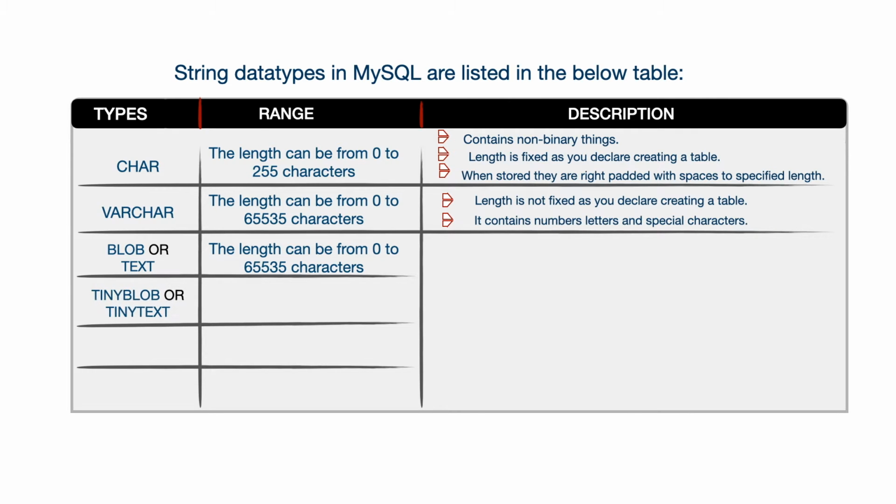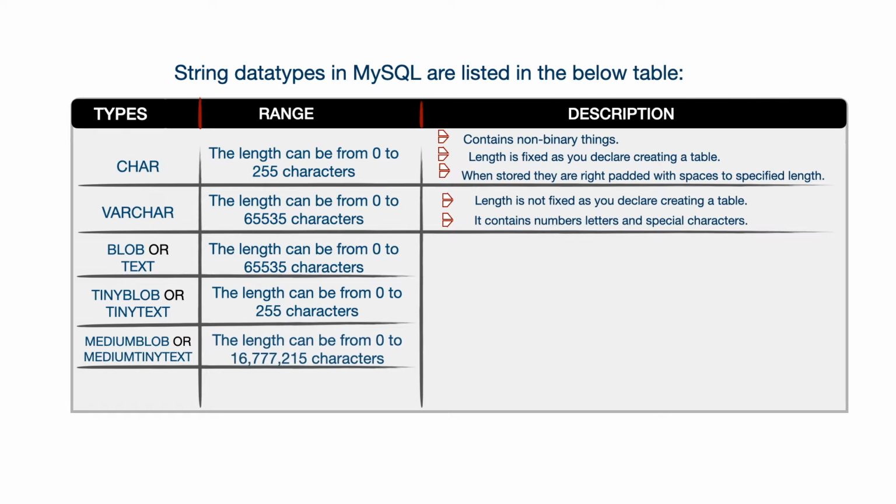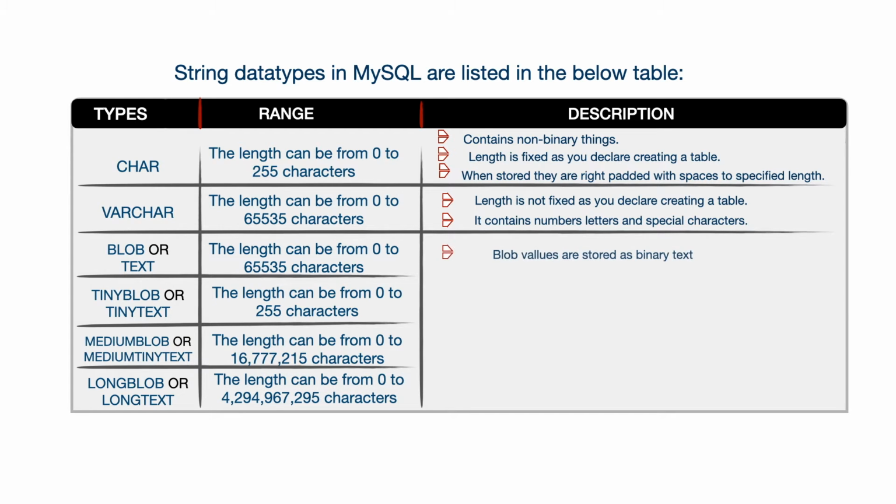The range for varchar data type is 0 to 65,535 characters. It contains non-binary strings and also variable length strings. Now, the next one is tiny blob or tiny text. The length can be from 0 to 255 characters.